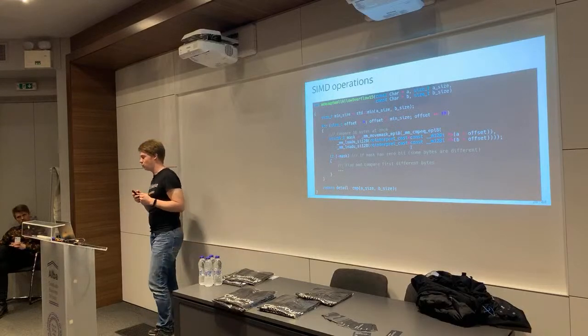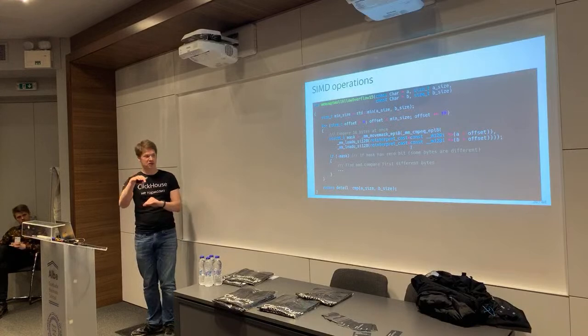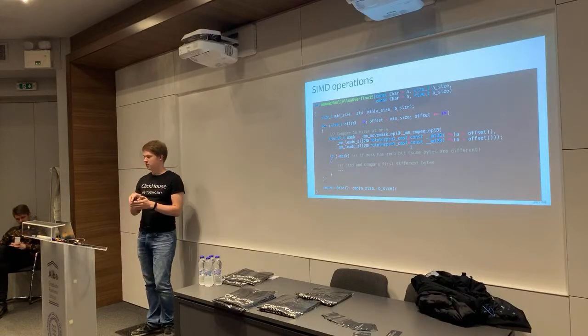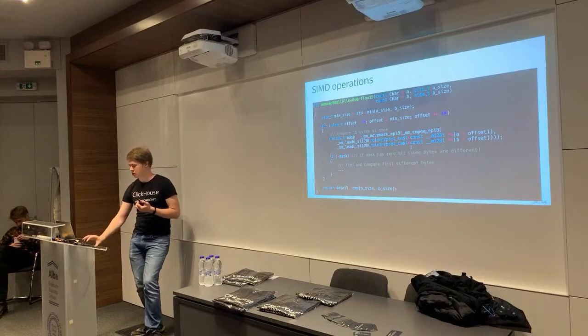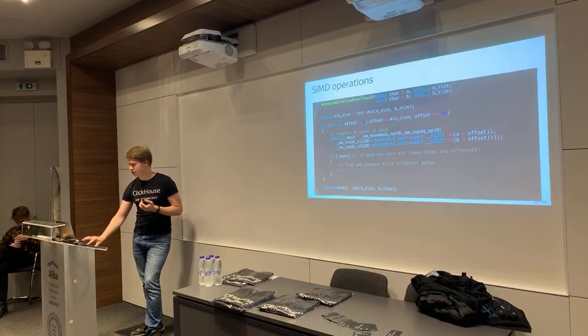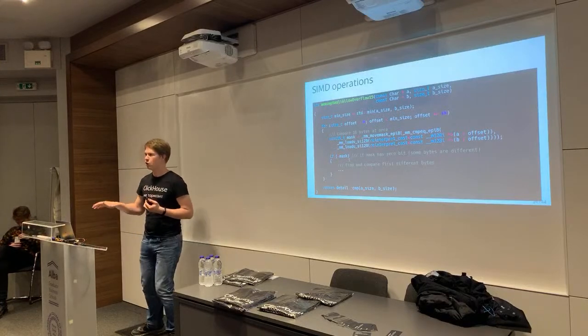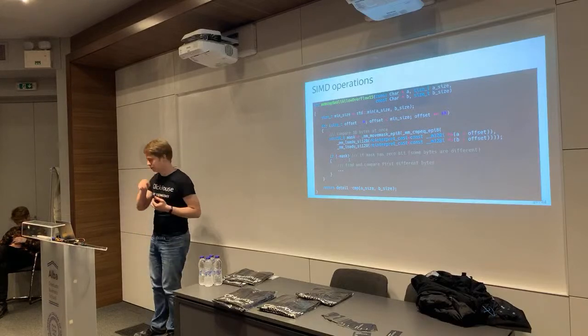What we do, we copy 16 bytes of each string into separate registers, then compare 16 bytes at one time and calculate a special mask, which says if bytes are equal or not. And if all bytes are equal, we can skip a lot of data at the same time.